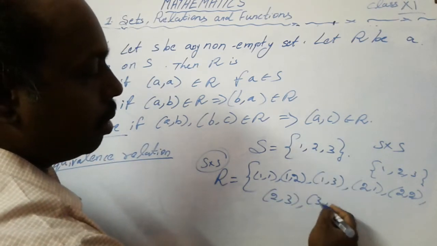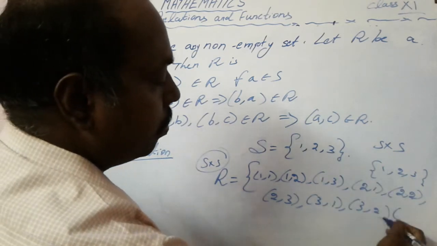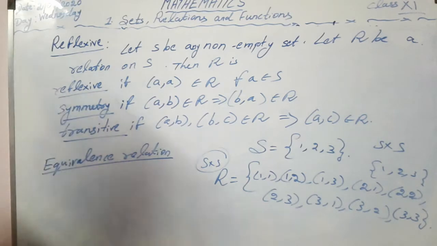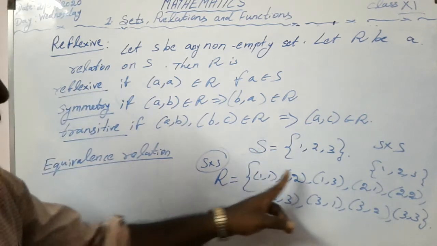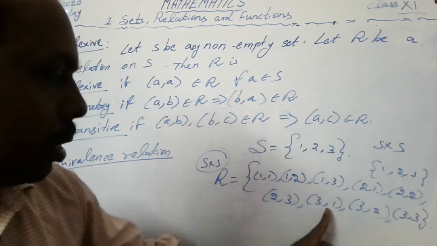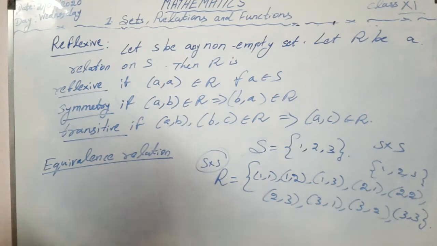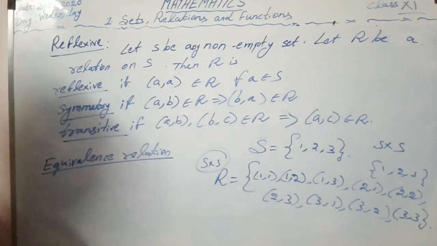Next (3, 1), (3, 2), (3, 3). So these are the Cartesian product of S, am I right? That we denoted as R. So 1, 2, 3, 4, 5, 6, 7, 8, 9. There are 3 elements, so how many elements will we get? 9 elements. Now I am going to explain reflexive here.